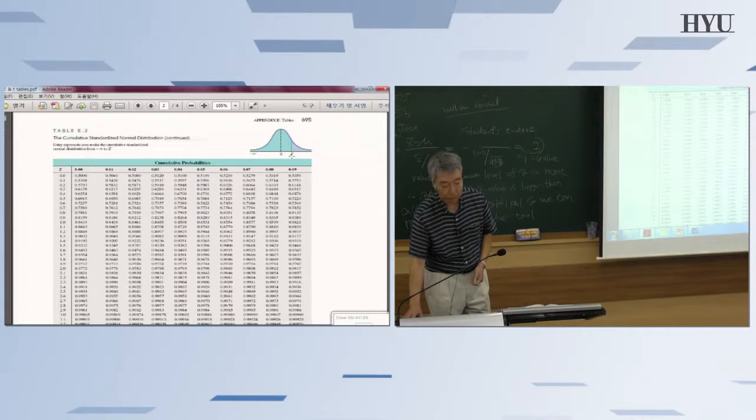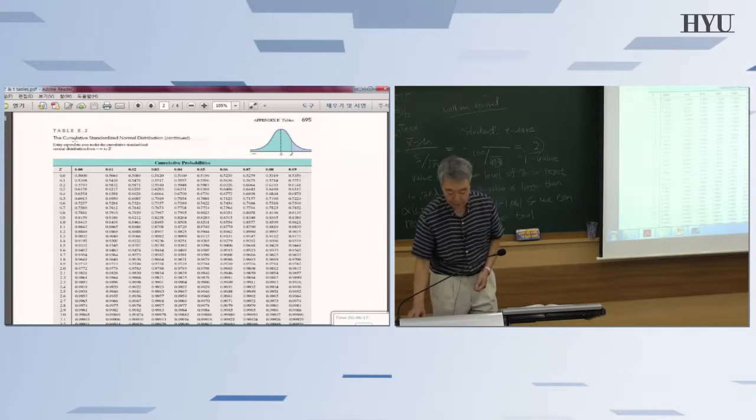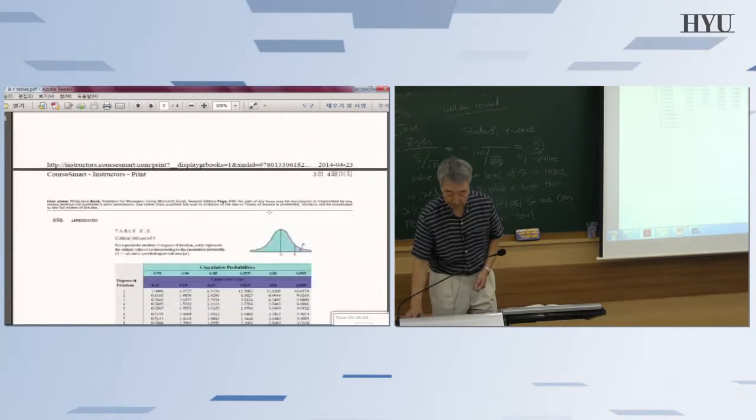For example, if you had a Z-score of 1.28, you would look for 1.2 here and 0.08 here, and coming down here, that's going to be something like 0.8997, almost 0.9. So what you have on the margins are Z-scores, and the numbers inside the table are the size of the area. That's the Z table.